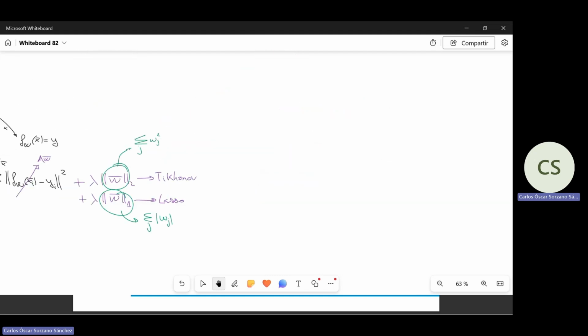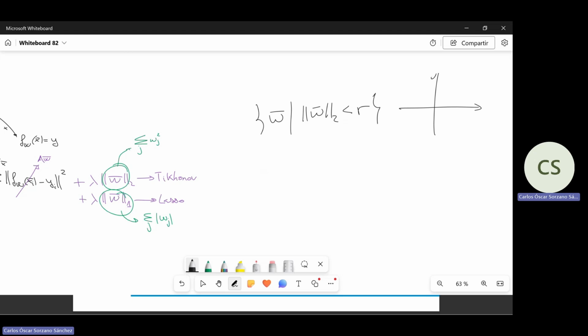Let's say I look at the set of all weights such that the L2 norm of that weight is smaller than some radius. So how does it look like? If this is my plane of weights, this is a circle. Okay? So it is a circle of radius r.